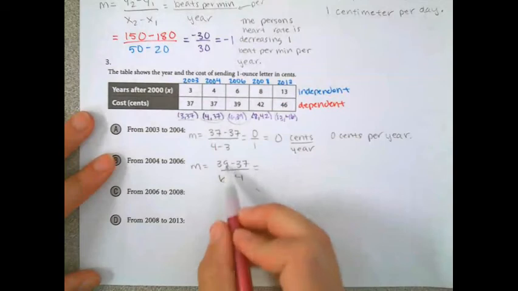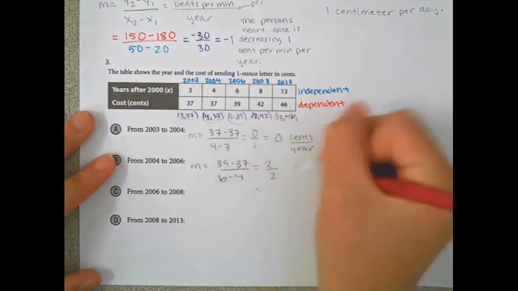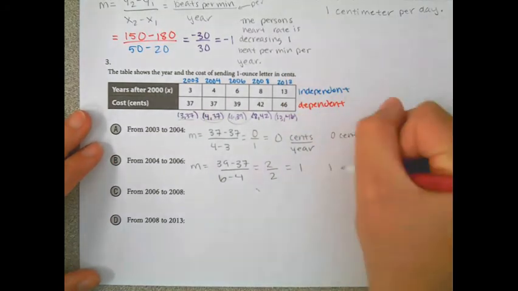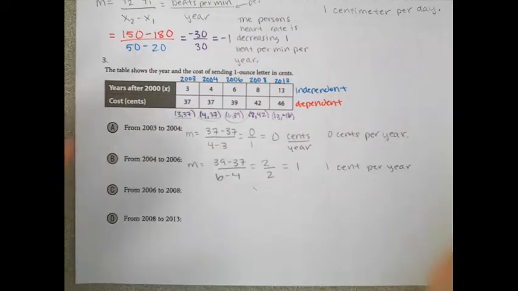Then I get 39 minus 37 is 2, over 2. So that's really equal to 1. So from 2004 to 2006, the cost is increasing 1 cent per year.